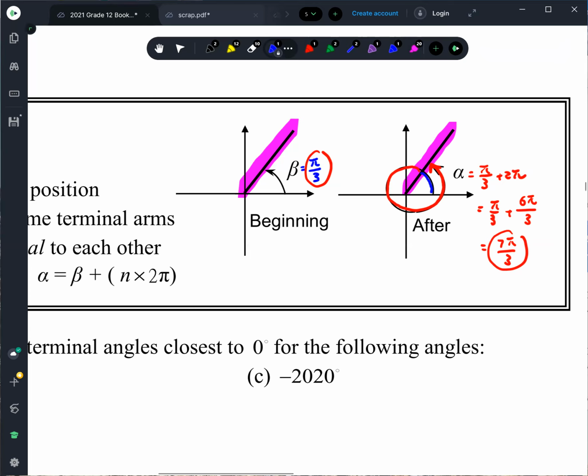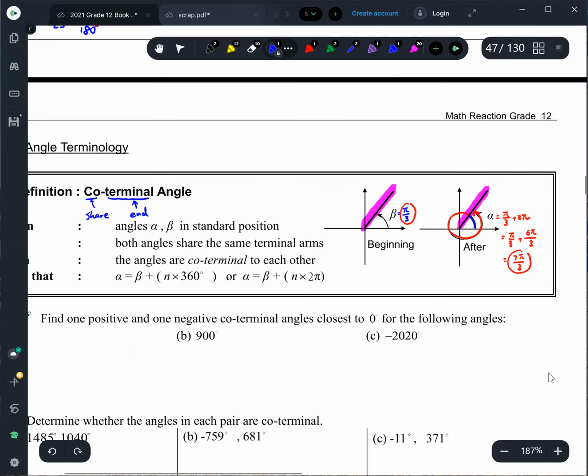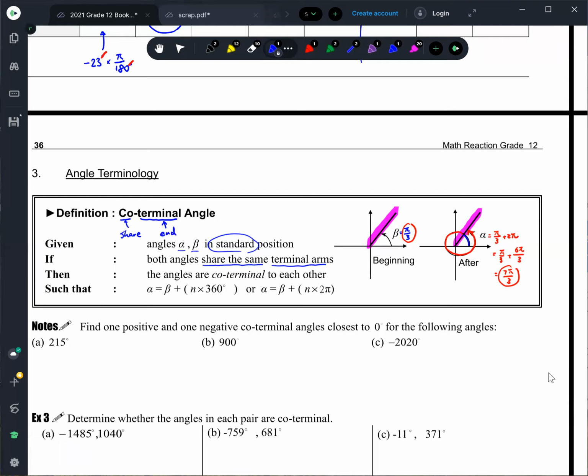So coterminal angles are always 2 pi apart, or if you are in degree mode, then 360 apart. Now look at the definition. If angles A and B are in standard position, both angles share the same terminal arm, meaning they stop at the same place, then they are coterminal to each other.